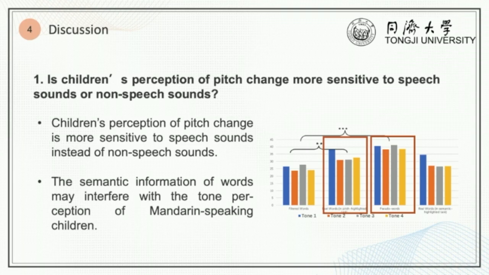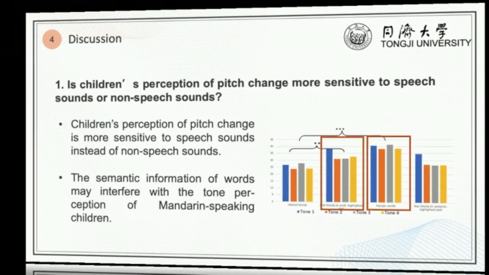And also in our study, when comparing with filtered words, RSD of pseudo-words was relatively higher than that of real words. In the case that real words and pseudo-words both contain the information of the frequency domain, real words also carry the semantic information. So the result indicated that the semantic information of words may interfere with the tone perception of Mandarin-speaking children.